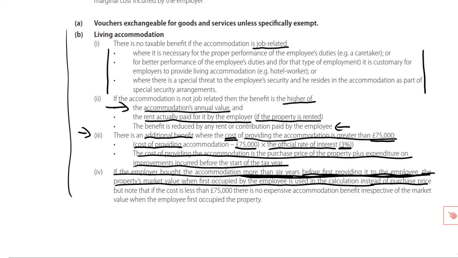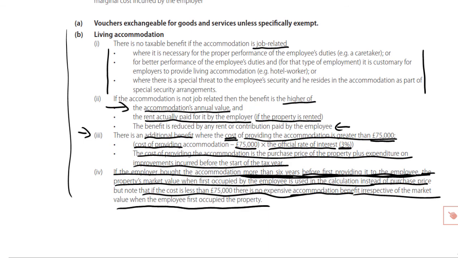Remember though, as I've just said, note that if the cost itself is less than 75,000, then there is no expensive accommodation benefit to compute, irrespective of whatever the market value might have been when the employee first occupied the property.